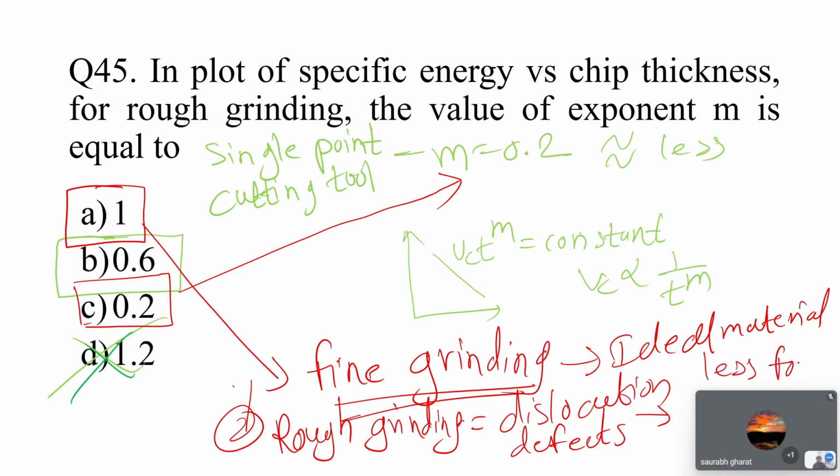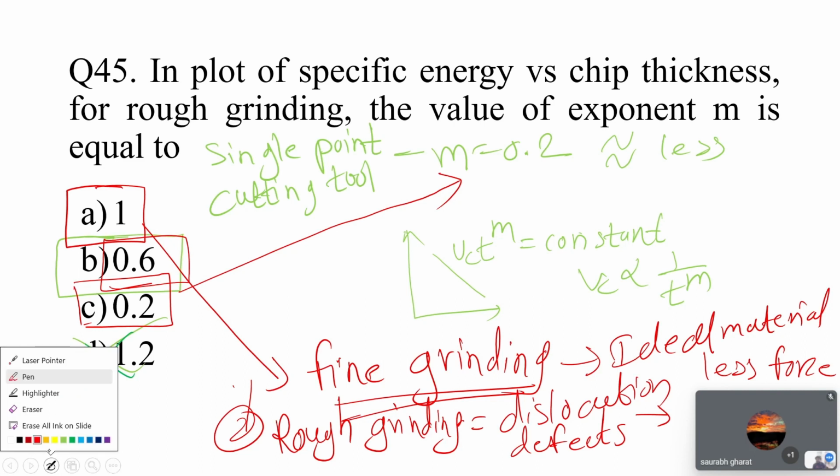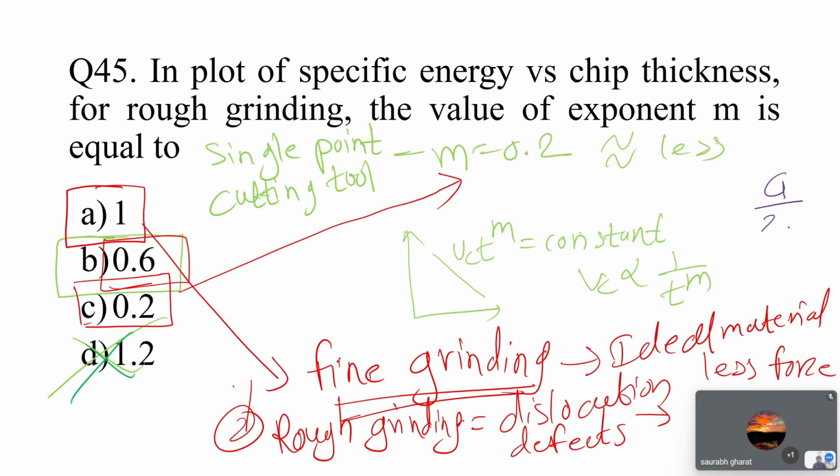You know this fact. Less force, and your value is again slightly less. But these kinds of defects are not present in ideal materials. So for ideal material that we have calculated, I already mentioned this a few minutes ago: G by 2 pi.